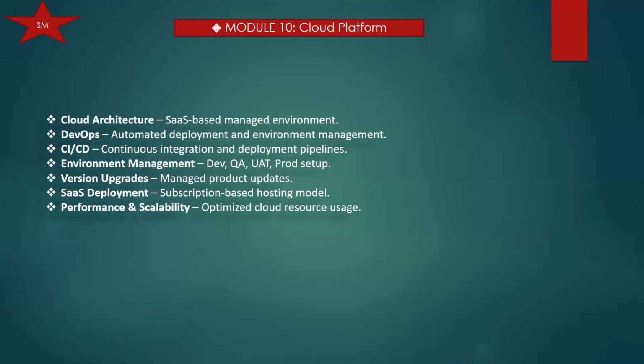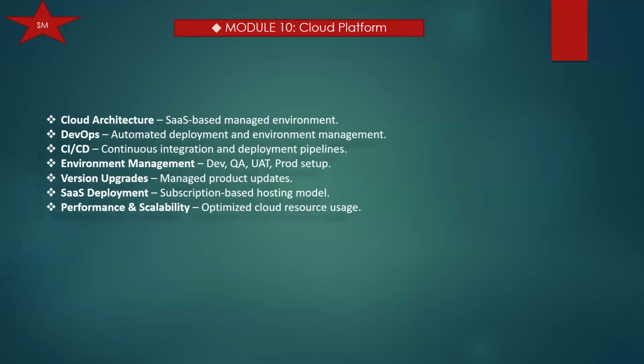DevOps is automated deployment and environment management. Let's say you are changing and developing some code; you can do the automated deployment using this functionality. And CI/CD is the continuous integration and deployment pipeline. Both of these functionalities are used for deployment.